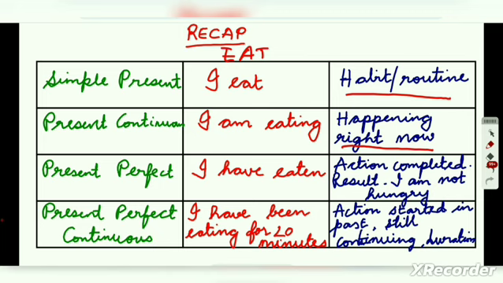So the result is seen here. That is the present perfect tense. Next, the present perfect continuous: I have been eating for 20 minutes. Here also the action started in the past, it is still continuing, and the duration is also mentioned. The focus is on duration. So notice the difference between the 4 forms of the present tense.